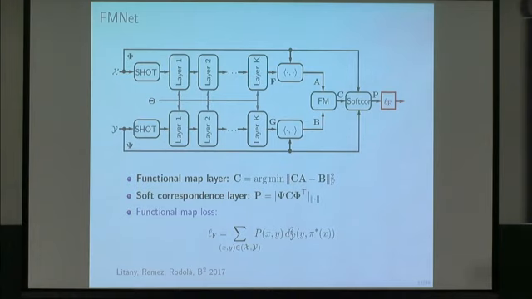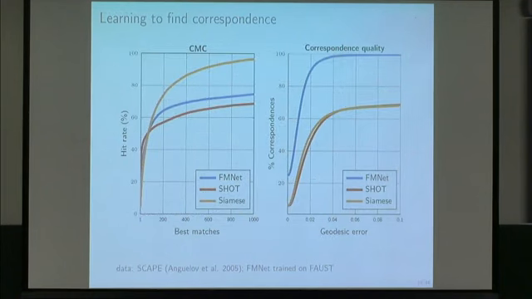So if I minimize this loss function now, I don't get such a spectacular improvement on this CMC curve, but I have a quite significant improvement on a criterion that takes the geometry of the problem into account. So it improves a lot. And again, everything here can be done better.